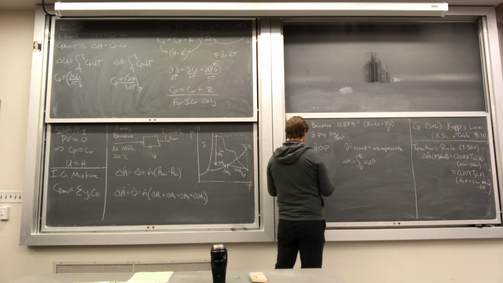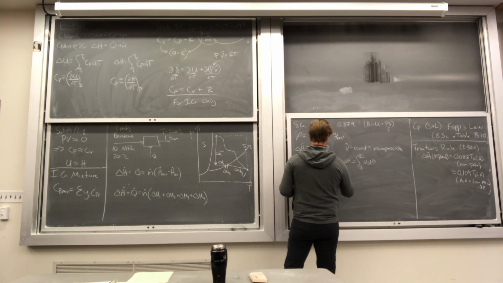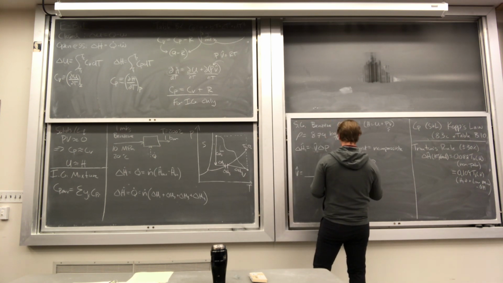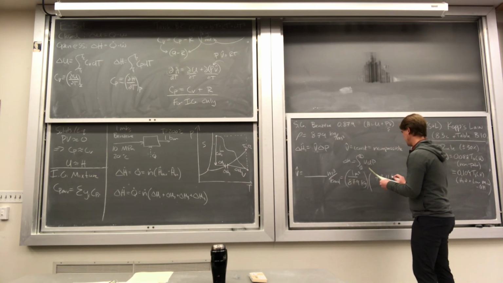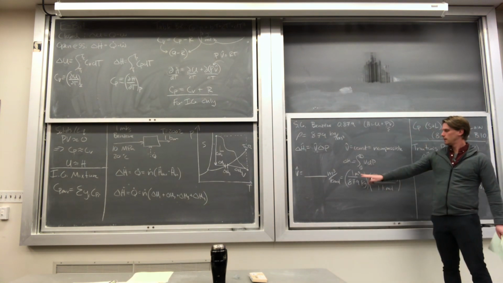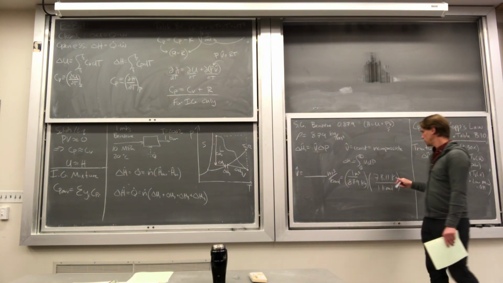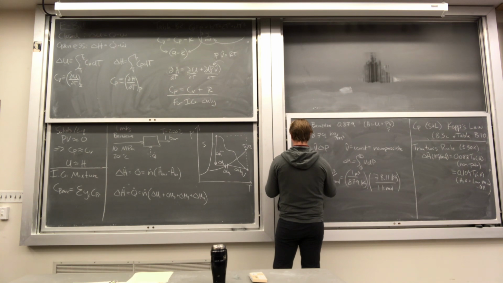All right, so we first need to find the specific volume. The density, the molecular weight, hopefully my units cancel out, meters cubed per kilomole, 0.0889.